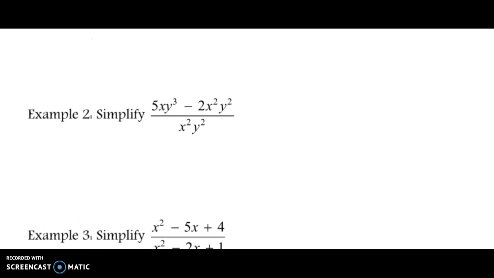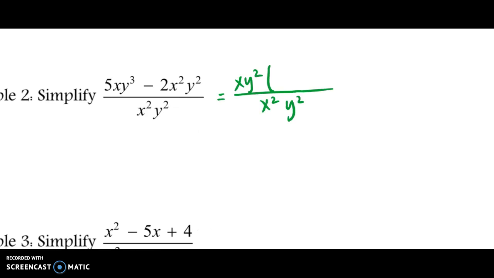The first thing I need to do is figure out if there is any greatest common factor that I can take out from the top or the bottom. At the top, I took out x y squared, because both these parts of the expression have at least one x and at least two y's.